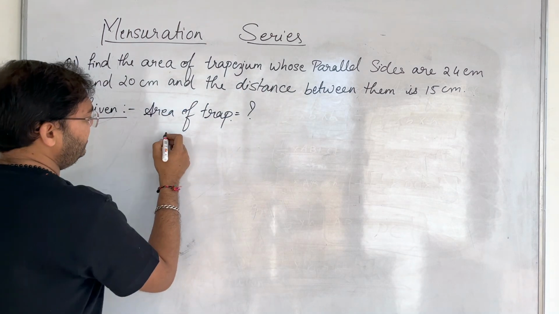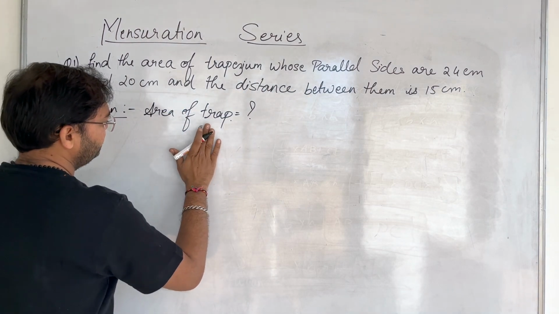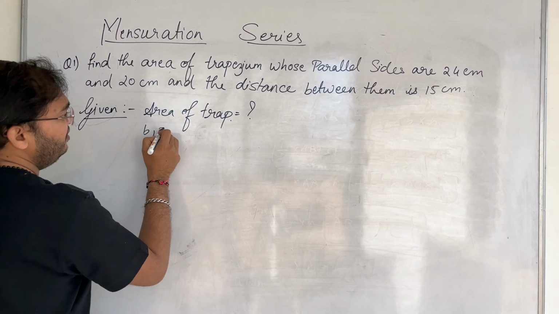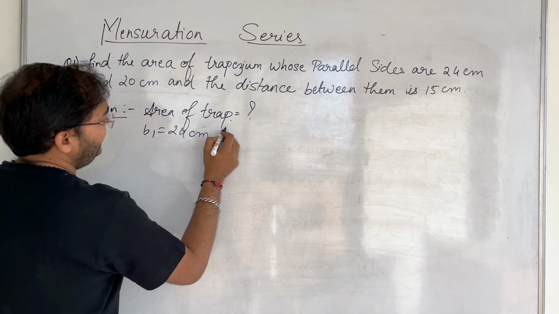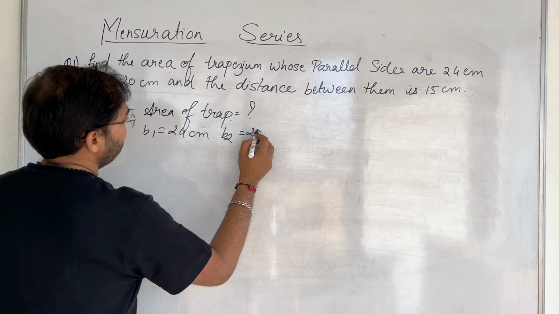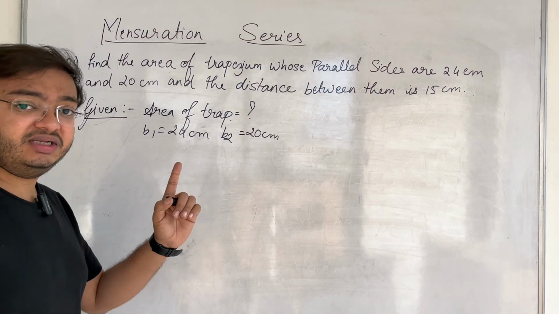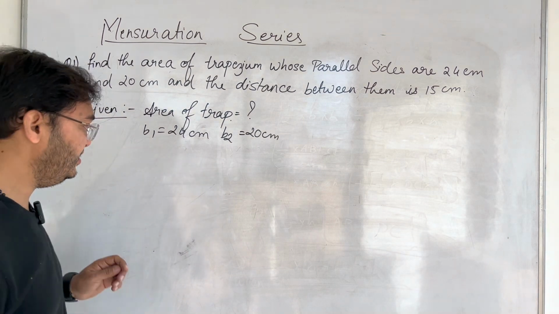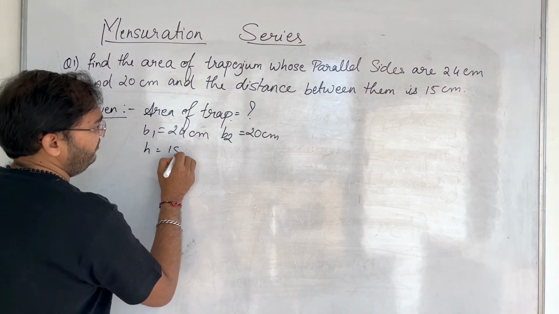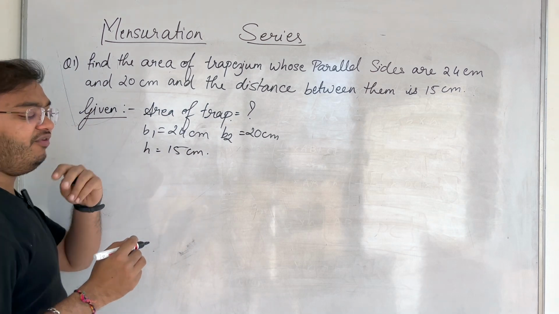So this first parallel side, B1, is 24 centimeter, and the second parallel side we have denoted as B2. The distance between the parallel sides we have denoted as height, so height equals 15 centimeter, and we have to find the area.